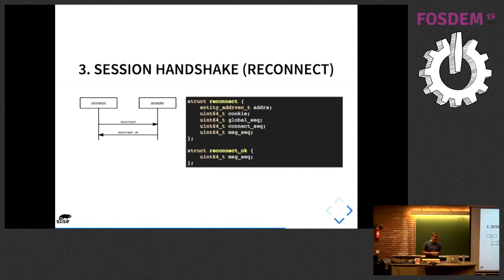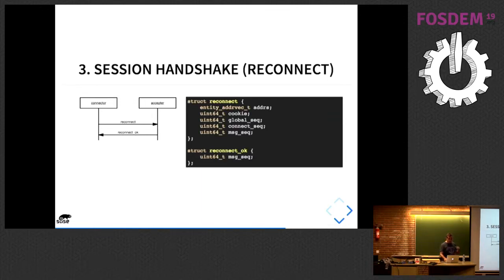Okay? And the acceptor will have the job to see, okay, yes, I know this session, so I'm going to reconnect you to this existing session, and you will continue onwards. Okay. So very, very simple, very explicit protocol.